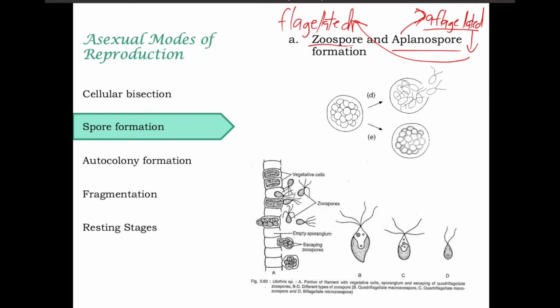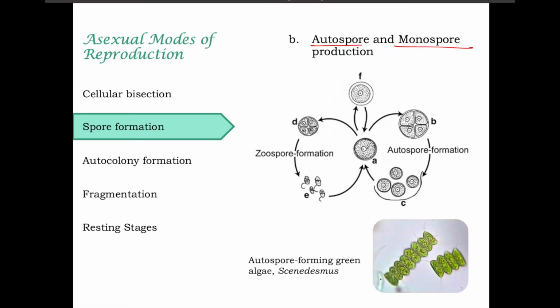So again, aplanospore, zoospore. This is how it looks when spores are released. They grow inside the vegetative cell, but when the zoospores are released, they venture out into the wild and settle somewhere else. Spores are technically asexual agents of reproduction.